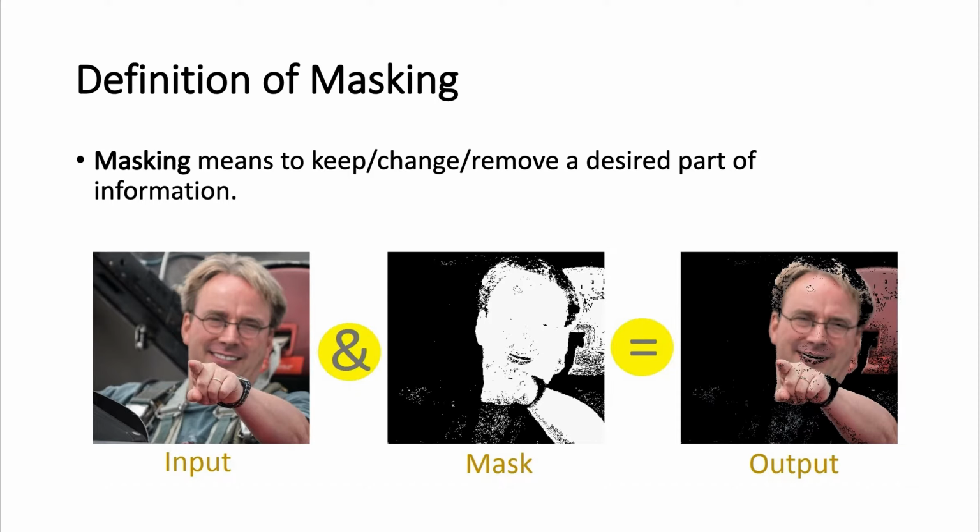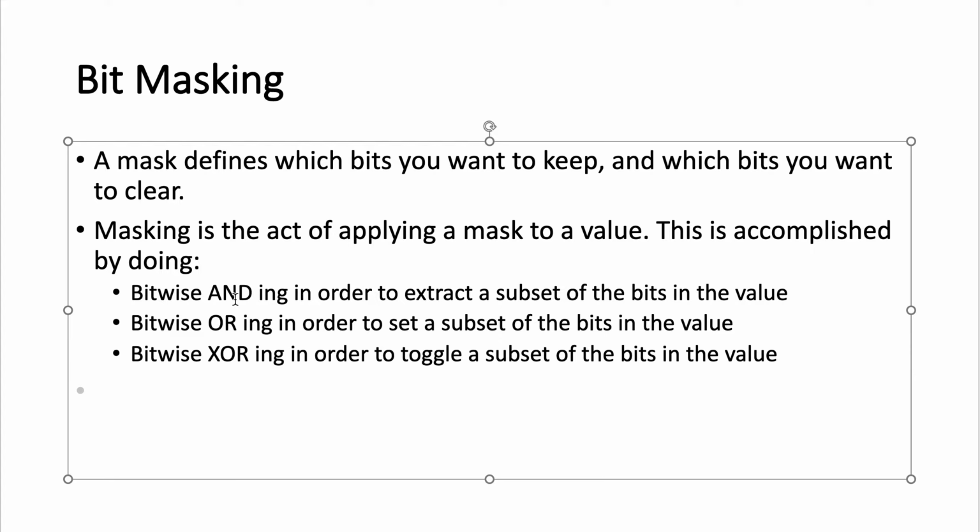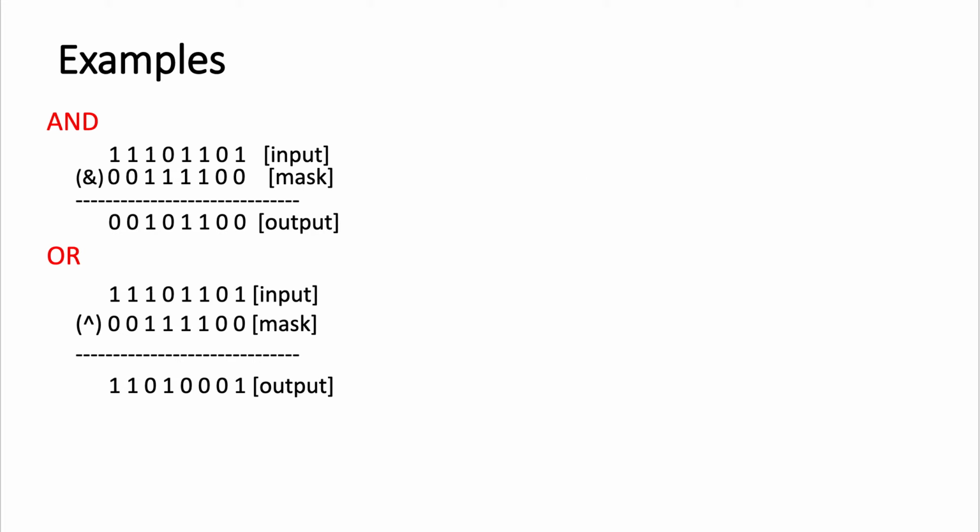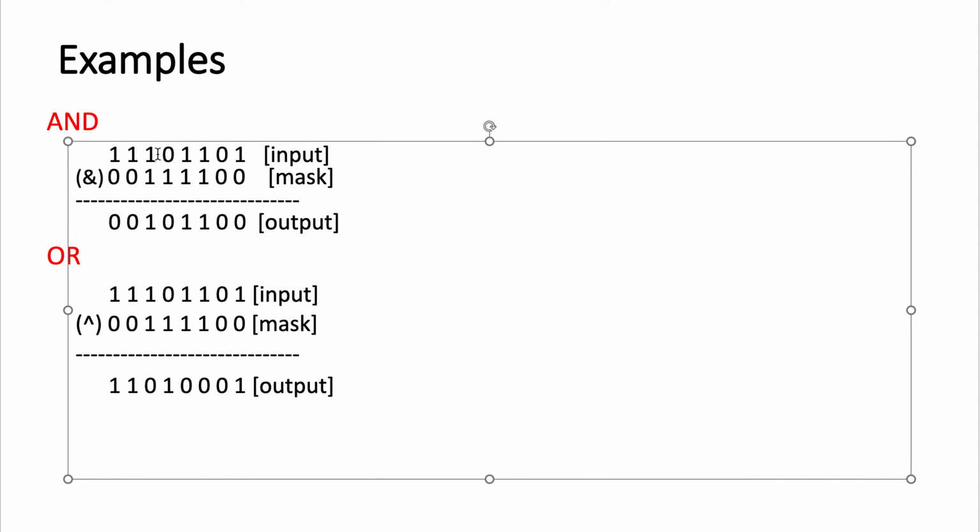Basically there are many types, but we will talk about 3 types here: AND, OR, and XOR. We have read about ANDing, ORing, and XORing, right? Let's see the example here. This is 1 byte, which means there are 8 bits here, and we want to mask these bits.